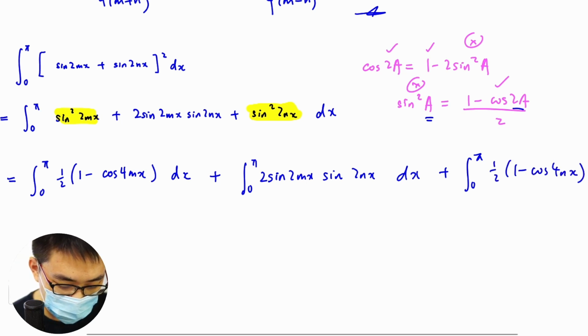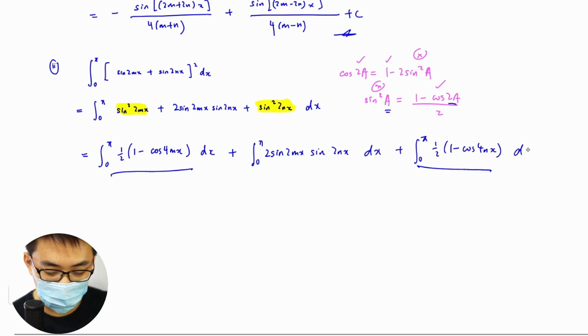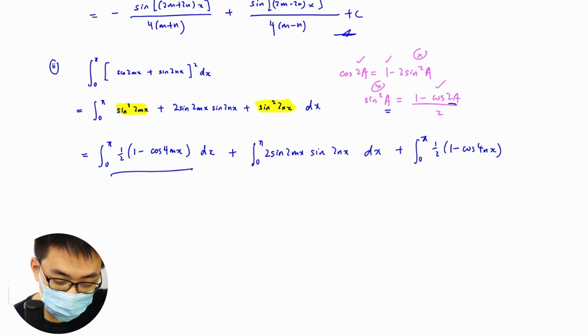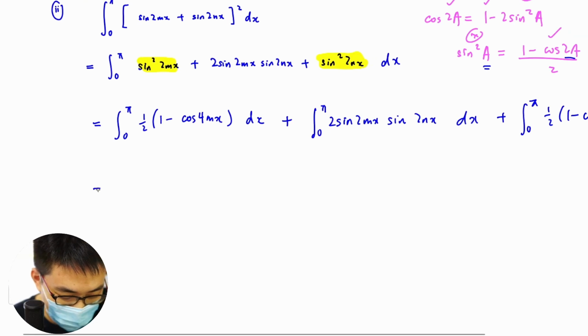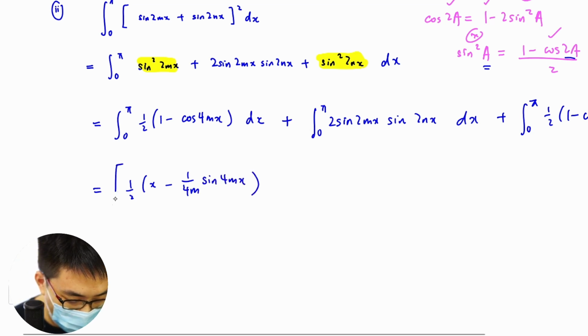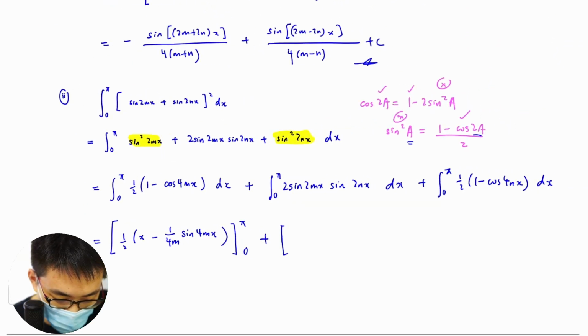This question is kind in the sense that this and this are the same working, so you can use it to check. So this one is half x minus, and this one here, we'll just use the whole thing just now. I'm just going to copy from the previous part.